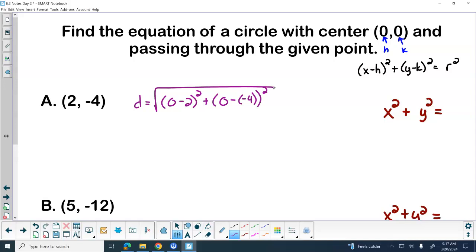That first 0 minus 2, that first 0 minus negative 4, square them, add them, square root them. Okay? 0 minus 2. Negative 2. Negative 2 squared. 4. Okay? 0 minus negative 4. 4. 4 squared.